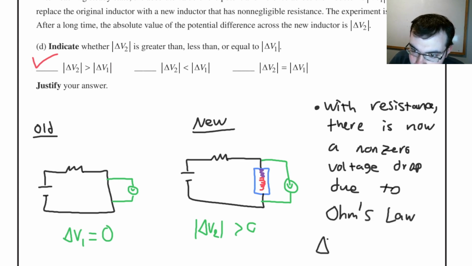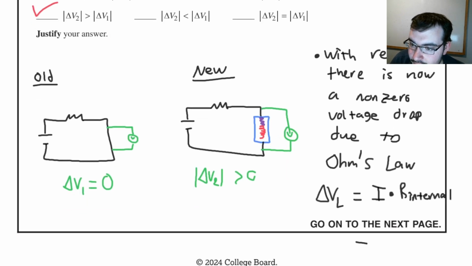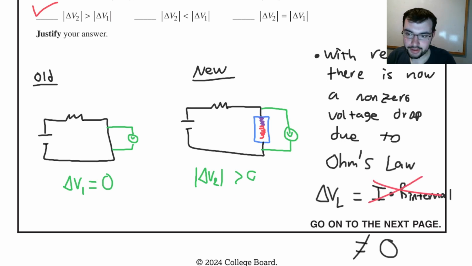So delta V across the inductor is going to be equal to I times R internal, which is definitely not equal to 0. Before we said this is 0, so it's just 0, but now it's not 0.